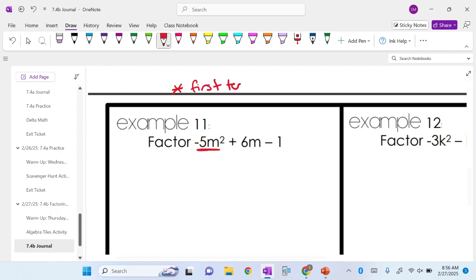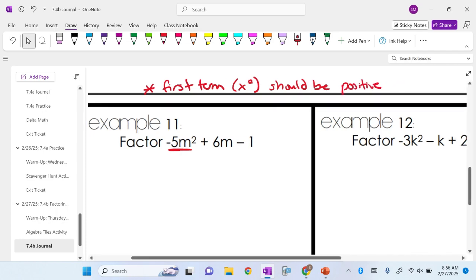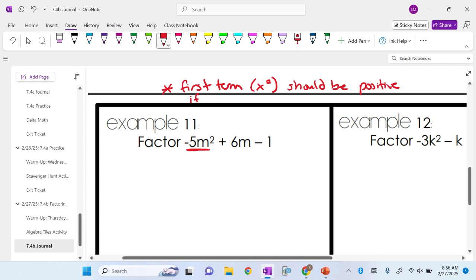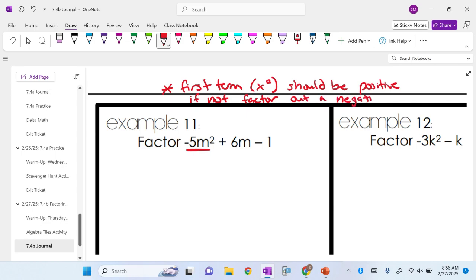First term, so whatever's connected to the x squared or the variable squared, should be positive. And if it's not, factor a negative, whether that be -1 or a negative GCF.